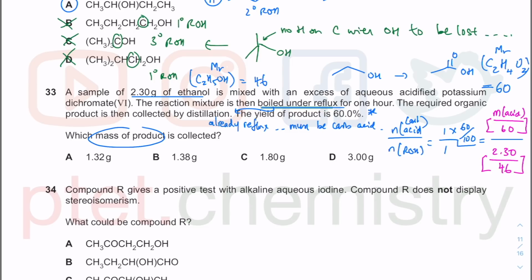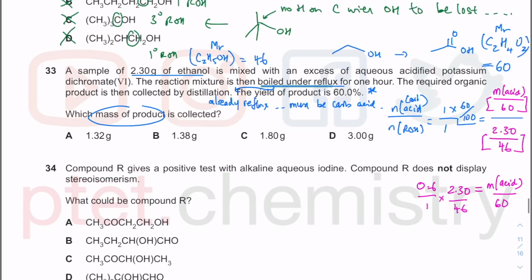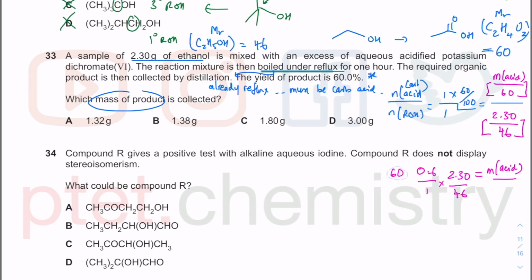This is my usual mole ratio, favorite method. So 0.6 over 1 times 2.30 over 46 equals the mass of the acid divided by 60. I could save some time by moving the 60 to the other side and keeping the working clean and tidy. So 60 times 0.6 divided by 1 times 2.3 divided by 46. I get the mass of the carboxylic acid product to be 1.8 gram. So option C is the correct answer.